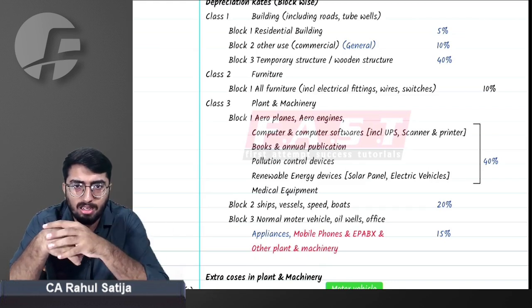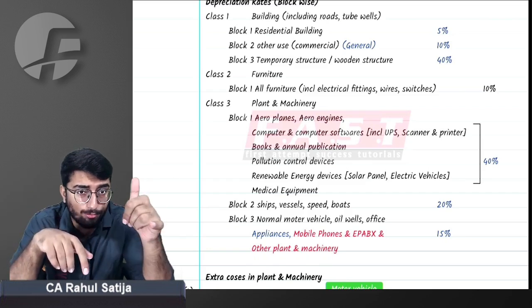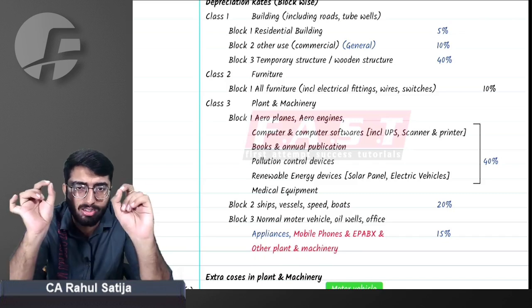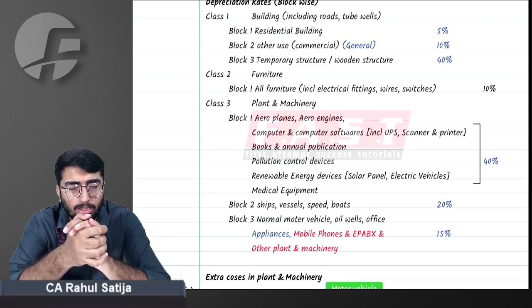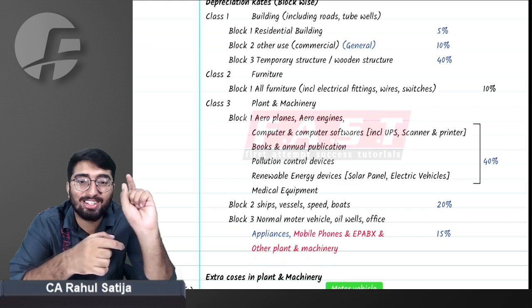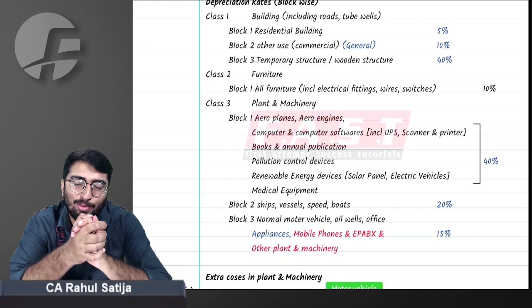The thing to be taken care of is, if we have a laptop, it will be chargeable at 40%, but if we have a mobile, it will be chargeable at 15%. These two differences are to be taken care of. If I have a UPS, since it is associated with computers, it will be chargeable at 40% depreciation. But a charger for a mobile will be chargeable at 15% because the charger is of the mobile. Got this point or not?